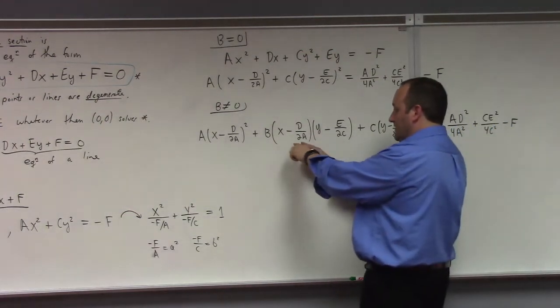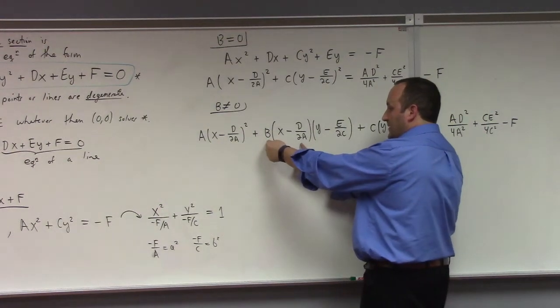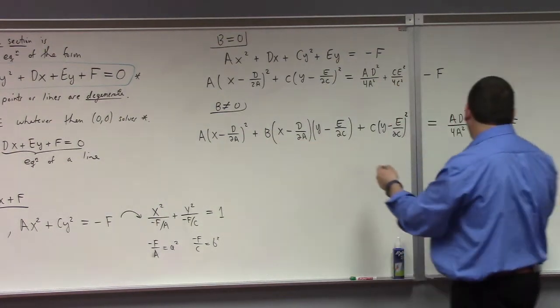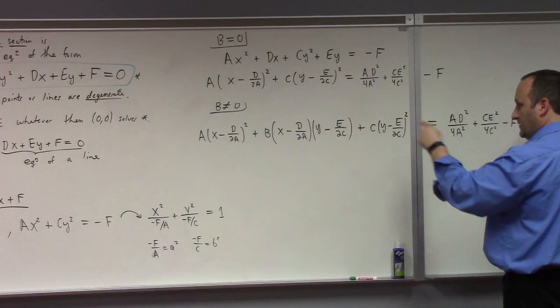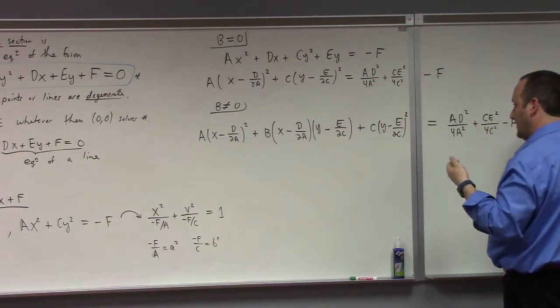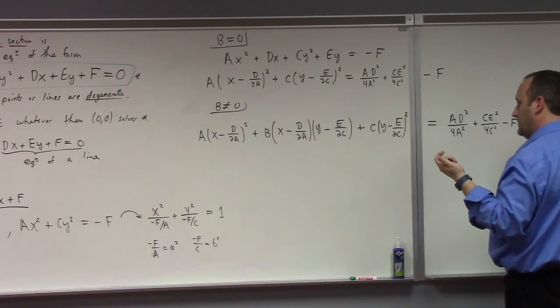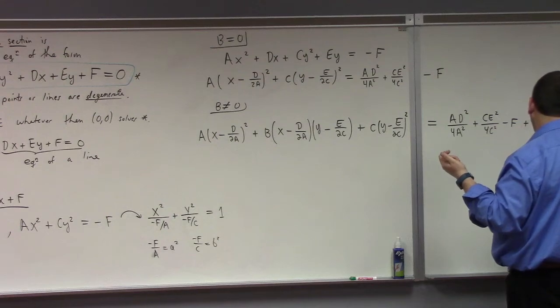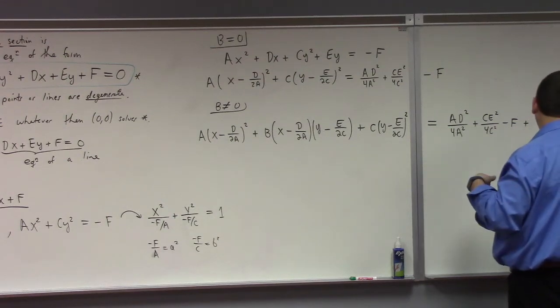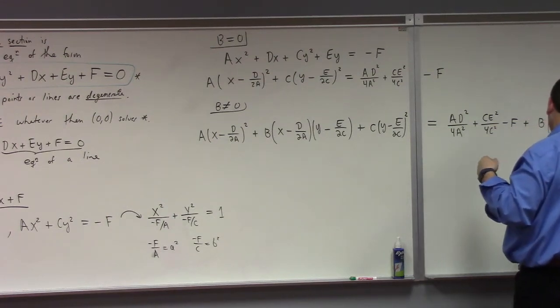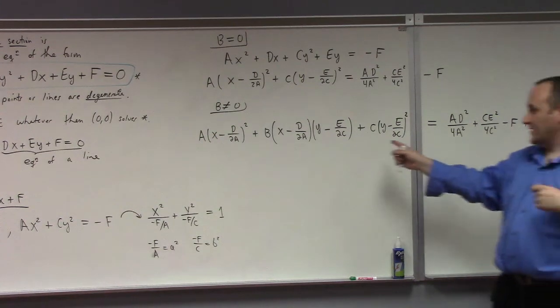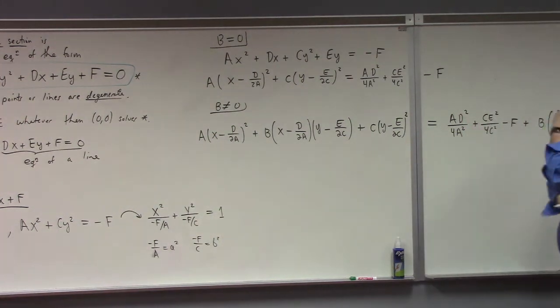Certainly what I've done just by doing this is I've added b times minus d over 2a times that, right? So I have to add b d over 2a times e over 2c, because I added it to the other side, didn't I? But what's the trouble? I didn't just add that, did I?